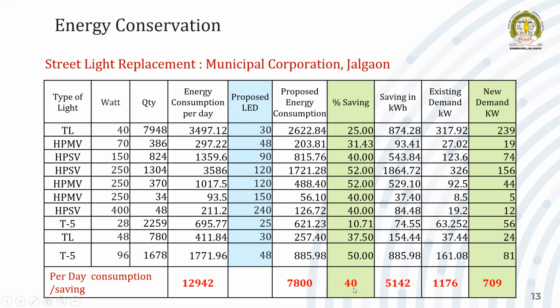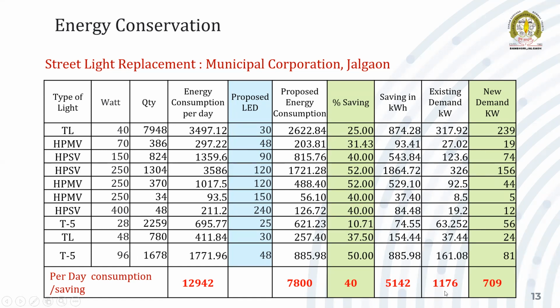So the percentage saving is 40%. And the saving in kilowatt hours, the total number of units, is 5,142.